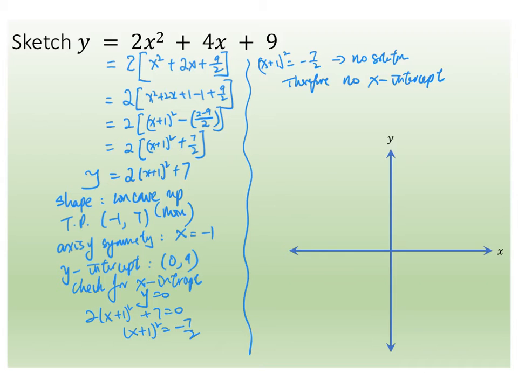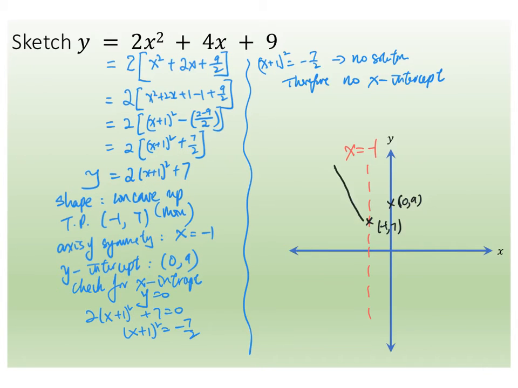Alright, we can now sketch. Starting off with the axis of symmetry, x equals minus 1. Alright, so the y-intercept is 0, 9. And the turning point is minus 1, 7.